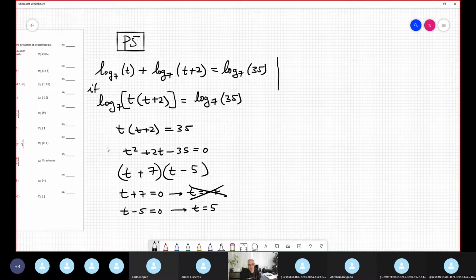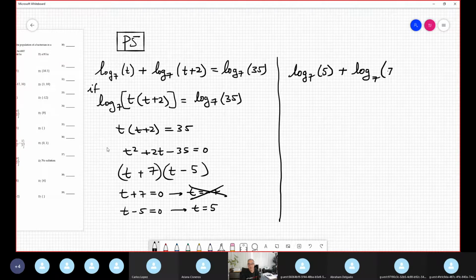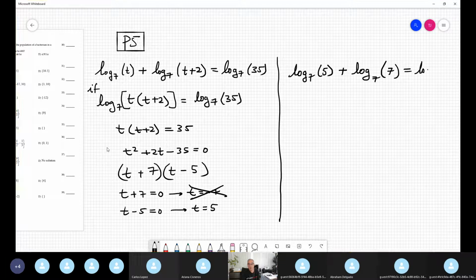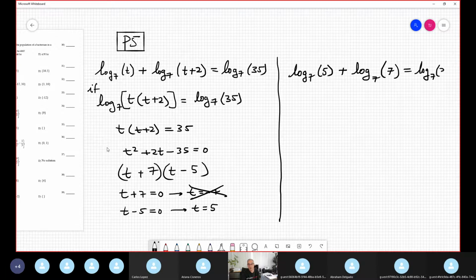Substituting 5 in the original equation: logarithm base 7 of 5 plus logarithm base 7 of 5 plus 2, which is 7, is equal to logarithm base 7 of 35. One more time, you apply property number 5, put together the multiplication, and 5 times 7 is 35. Wow, it's true. Therefore, the solution 5 is okay.